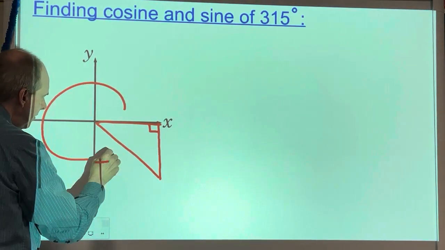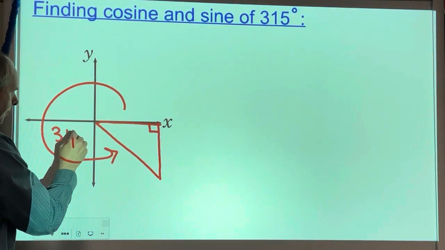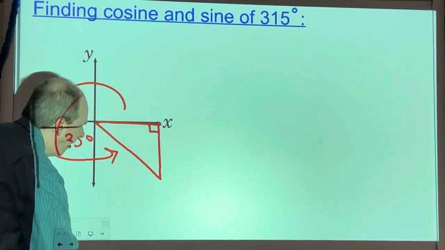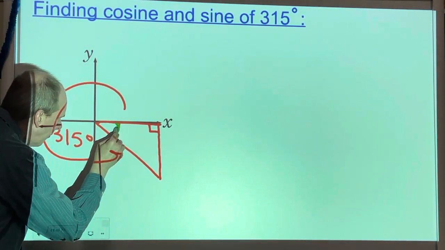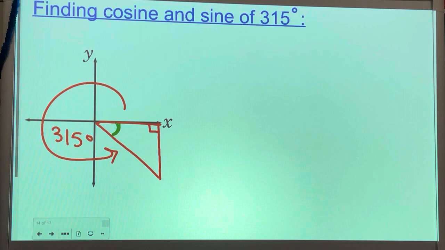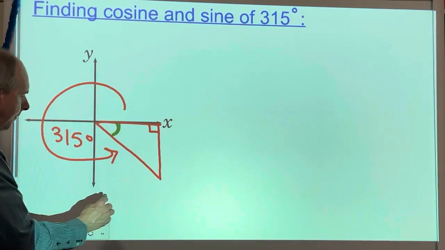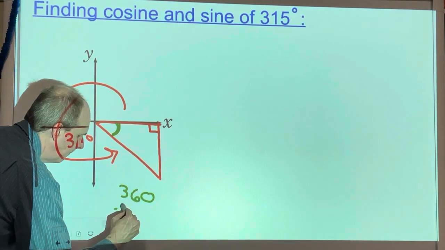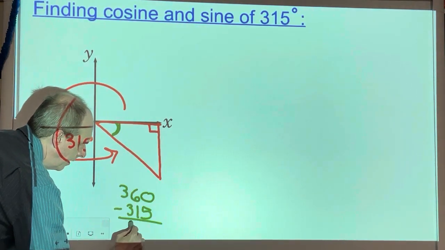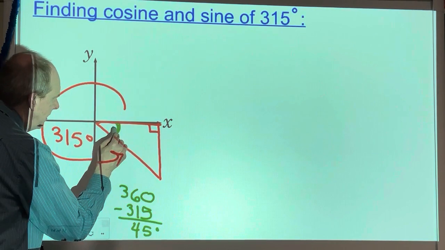From here to here is 315 degrees. What is our reference angle right here? Well, this is 360, this is 315. If I subtract them, it's a 45-degree reference angle.